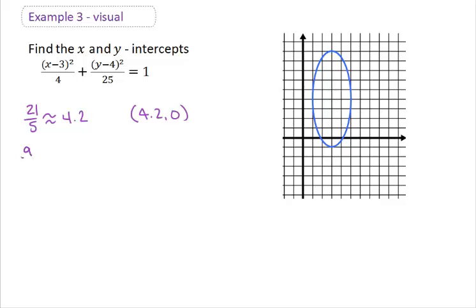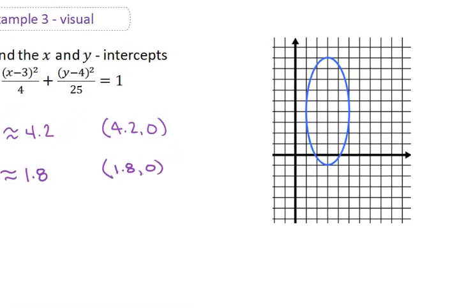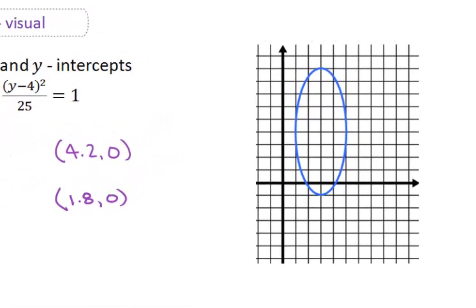Our other x-intercept that we got was 9/5. If we figure out what 9/5 is approximately, it's 1.8. So we should have an ordered pair at (1.8, 0). And we do. We have those two ordered pairs. The first one at (4.2, 0) is right here. Our second one of (1.8, 0) is right here.